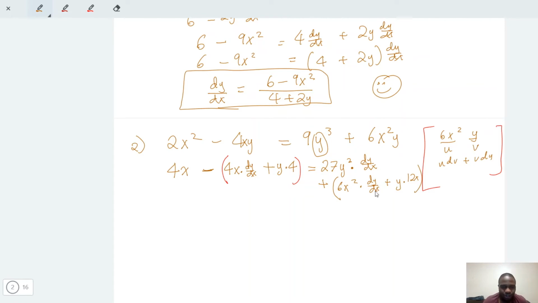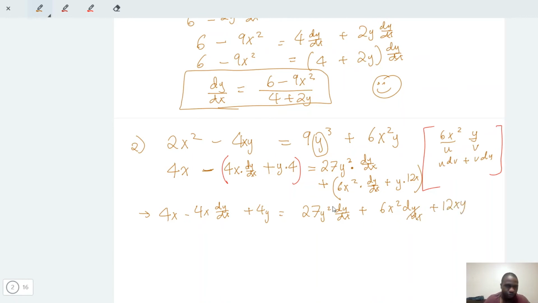So we have a long expression here, so let's just expand this. On the left-hand side, we have 4x minus 4x dy/dx plus 4y equals 27y squared dy/dx plus 6x squared dy/dx plus 12xy.